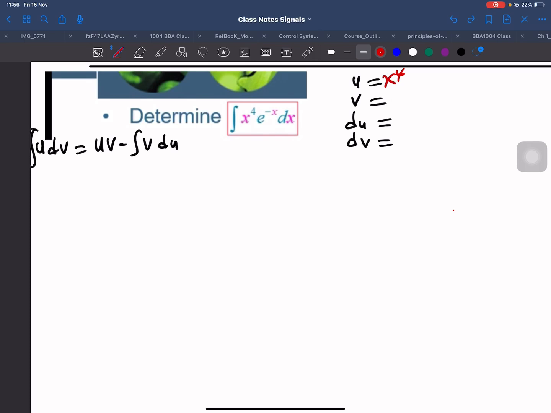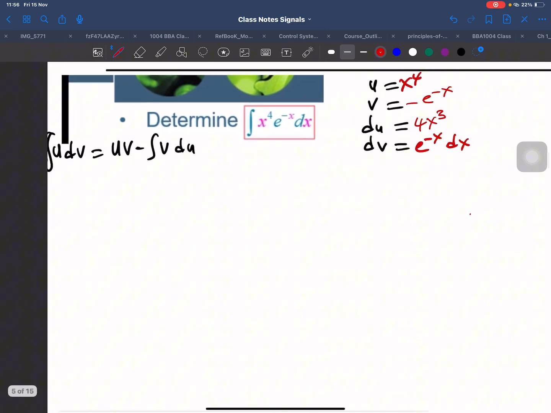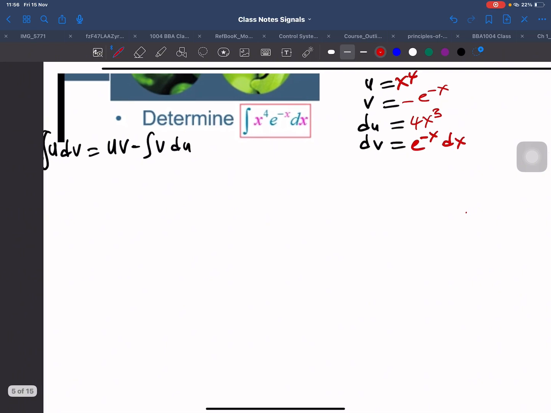dv is going to be e raised to the power minus x dx, and then du is going to be, if you differentiate, 4x raised to the power 3, and then v is going to be minus e raised to the power minus x. After doing this, I will reverse the ordering of the u.